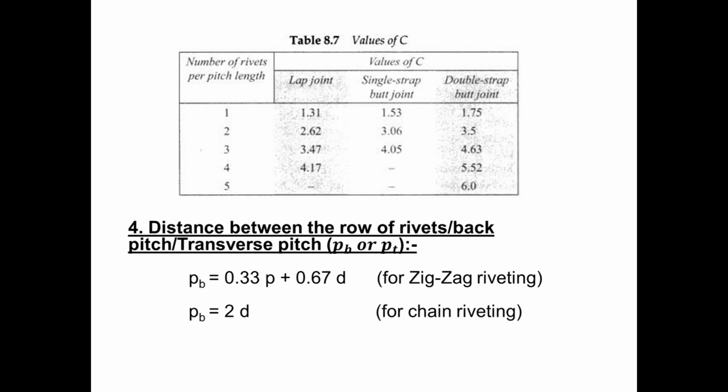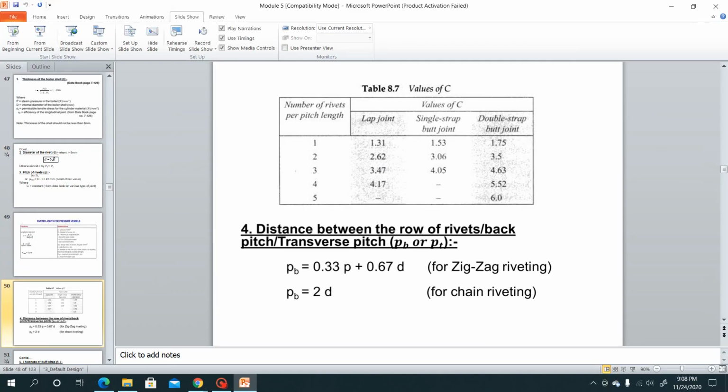Again, for calculating PB and PT, we have to use the design data book. Till the third step, I know the value of pitch P, and I know the value of shank diameter D. Now I want to find out the value of back pitch and transverse pitch. Again, go back to the design data book.